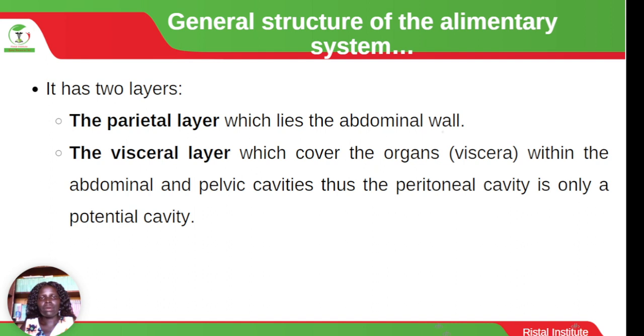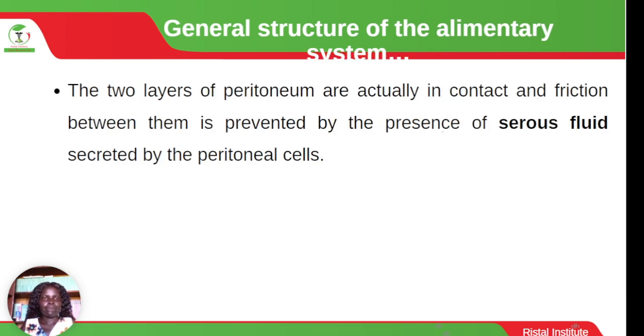Thus, the peritoneal cavity is only a potential cavity. So here the parietal part is the one that faces the abdominal wall. Then the one that faces the organs is called the visceral layer.